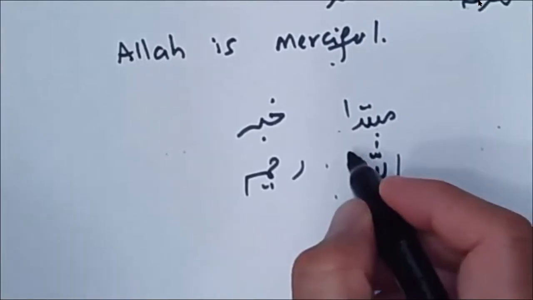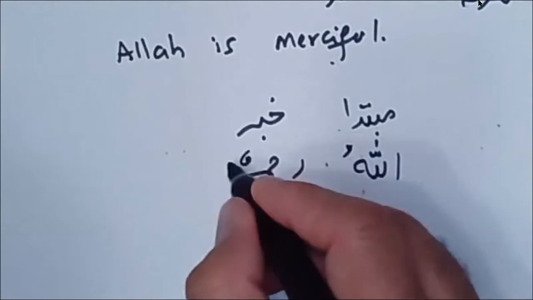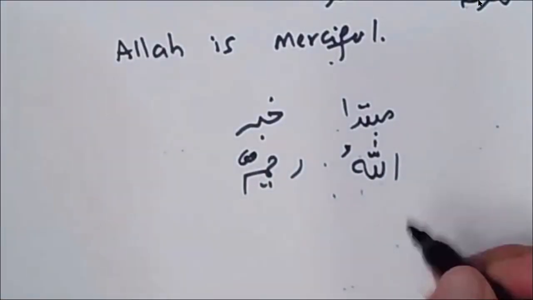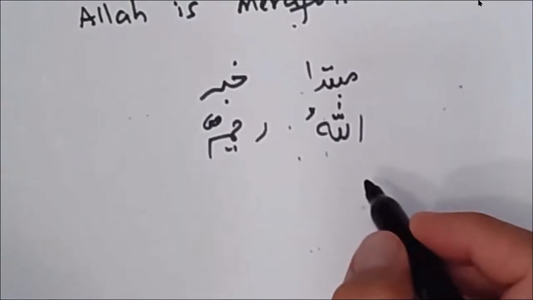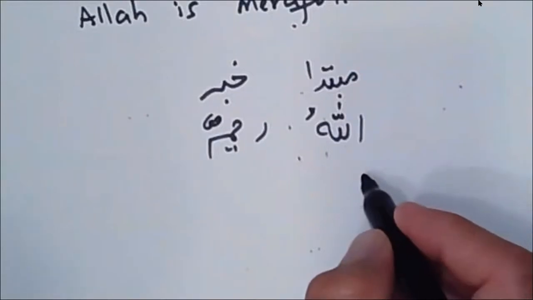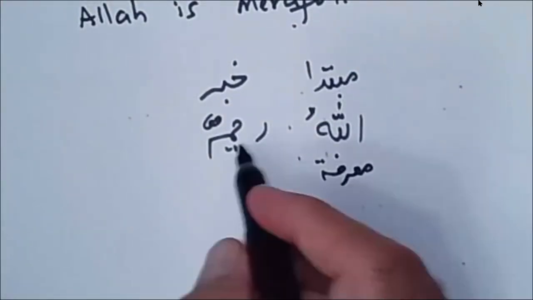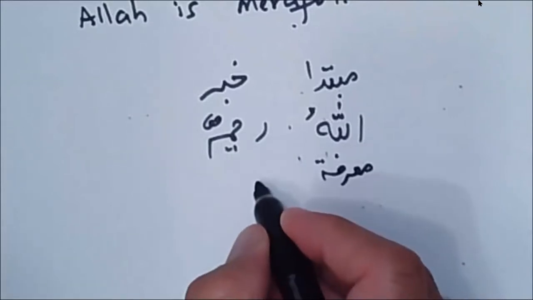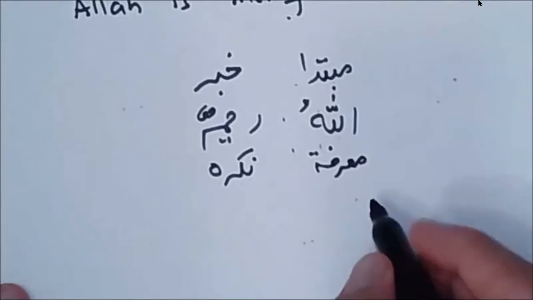Allahu Rahimun. Why did you say that? Can you please explain to me? Because Allah is the mubtada, that's why it's supposed to be Ma'arifa, right? Yes. And Rahimun is supposed to be Nakira. And Allah is supposed to be in Halat Rafa.